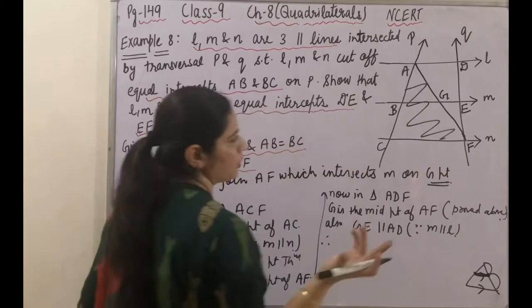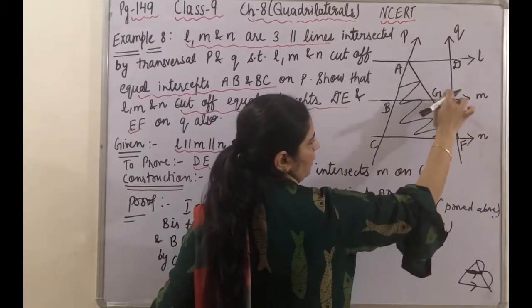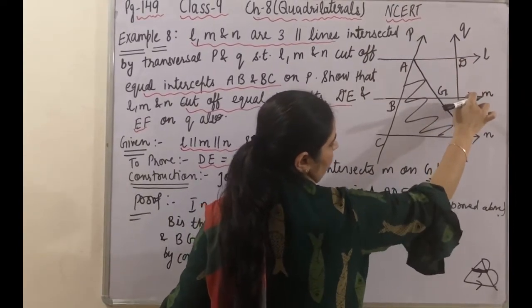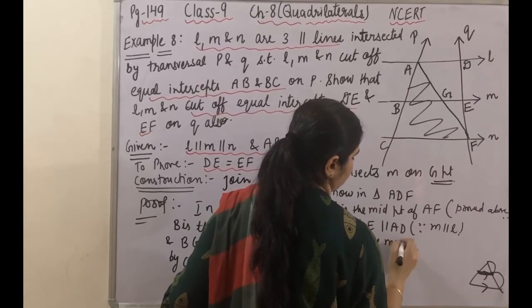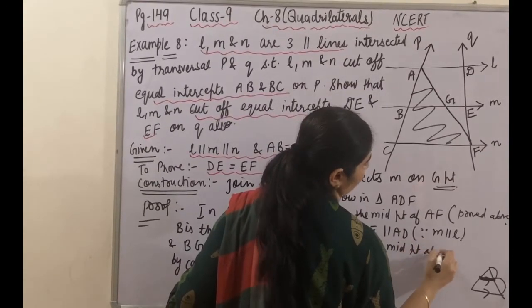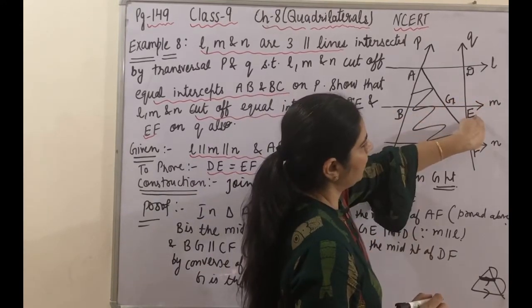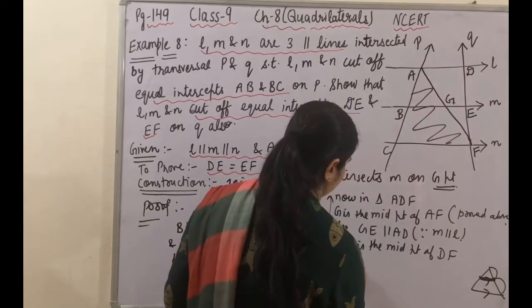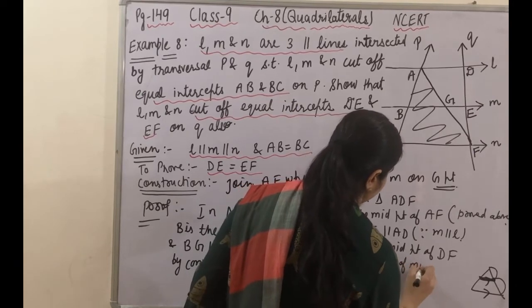Again, by the converse of midpoint theorem, G is the midpoint of this side and these two lines are parallel. So here I have E. Therefore, E is the midpoint of DF by the converse of midpoint theorem.